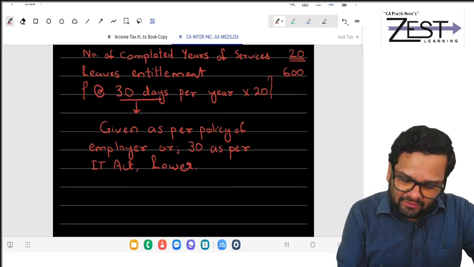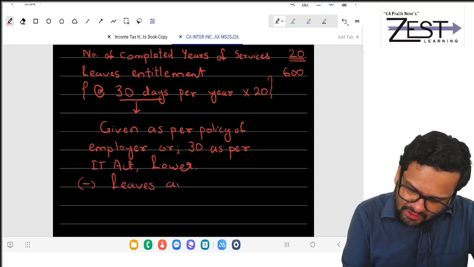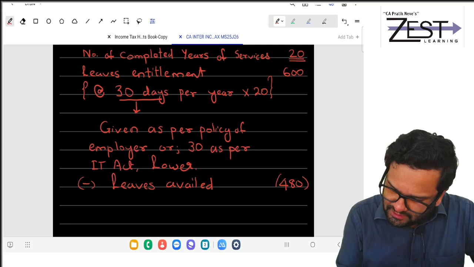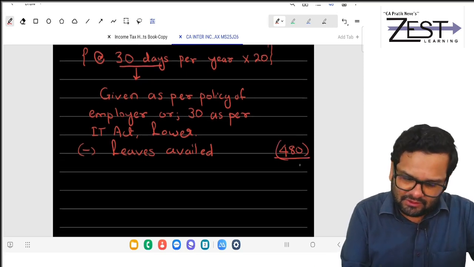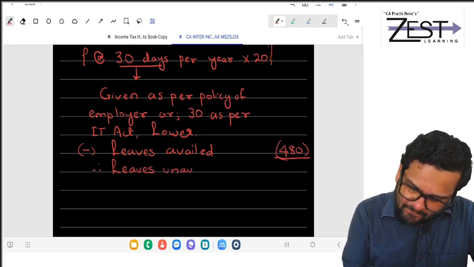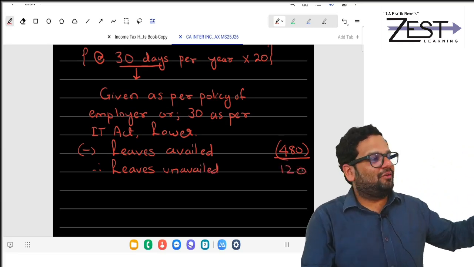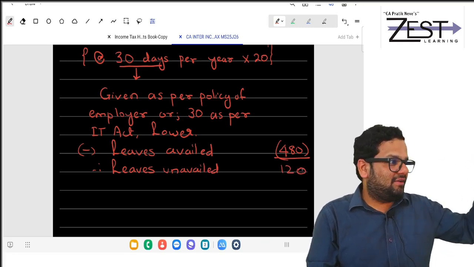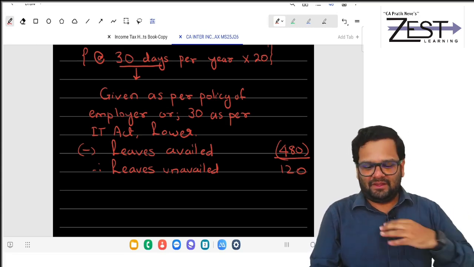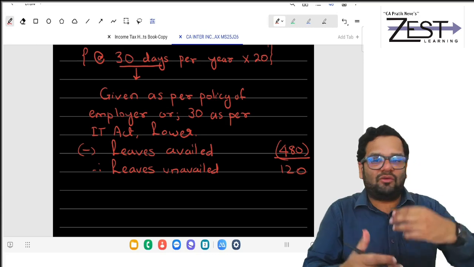So now leaves availed. Do you know what leaves availed is? Leaves availed is 480 days. It's given. So can you tell me what is leaves unavailed? Mind you, this format is always what I want. Leave entitled minus leaves availed is leaves unavailed, or standing to the credit of the employee at the time of retirement.